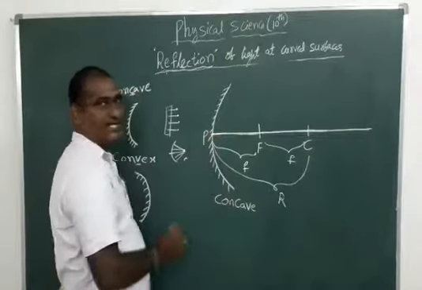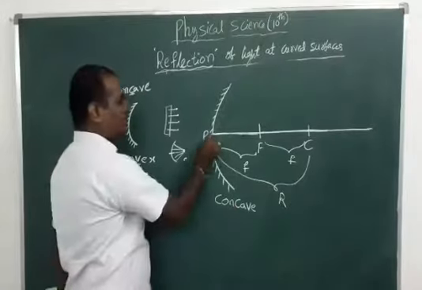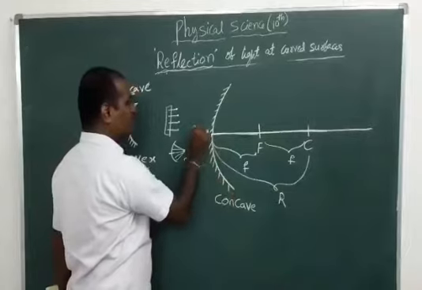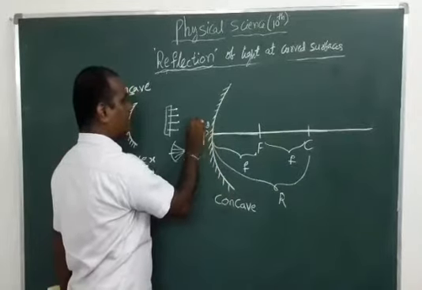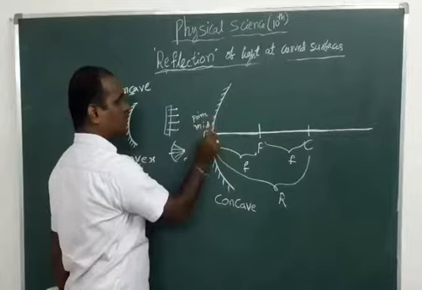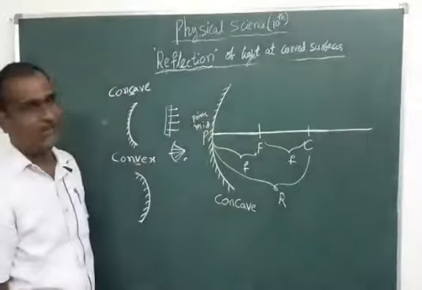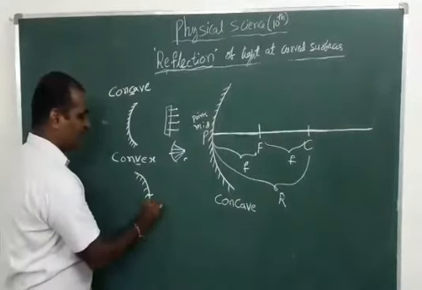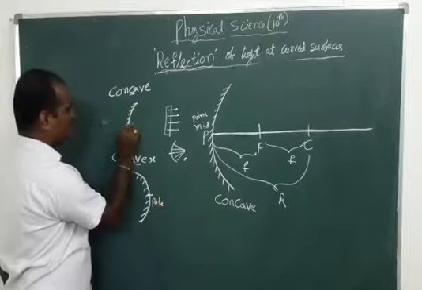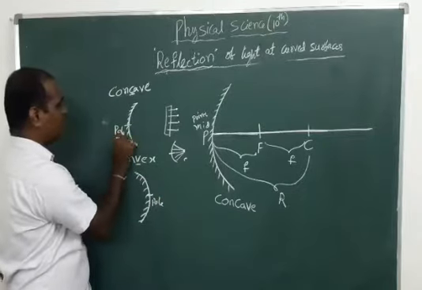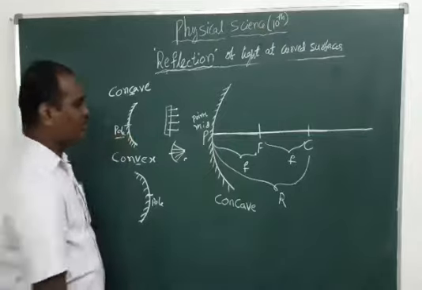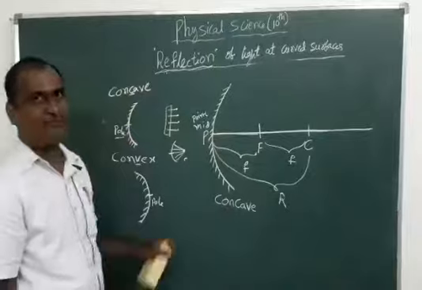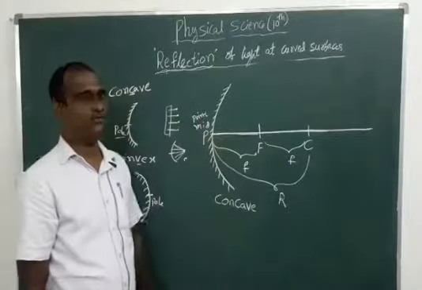If you take this part as the basic part, the length above and below are both equal. This exact midpoint of a concave mirror is named the pole of the mirror, because this pole is common to both convex and concave. That's why we call it the pole of a mirror. So the midpoint of a mirror is called the pole of the mirror. We should remember these definitions.